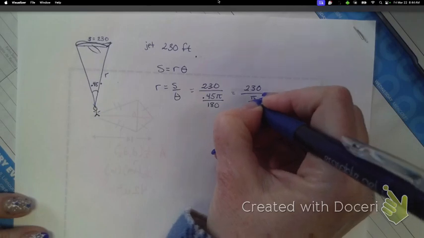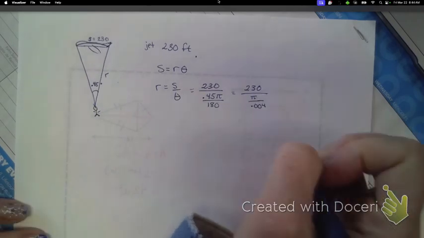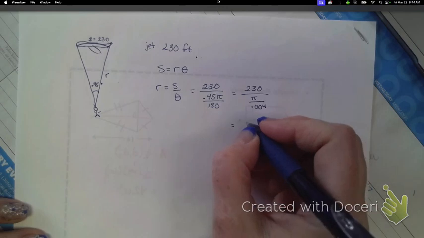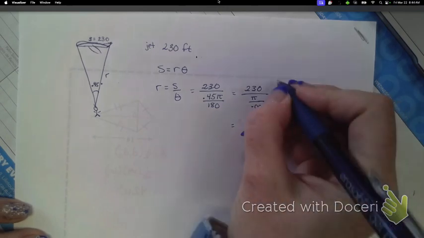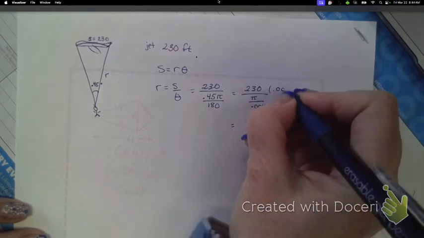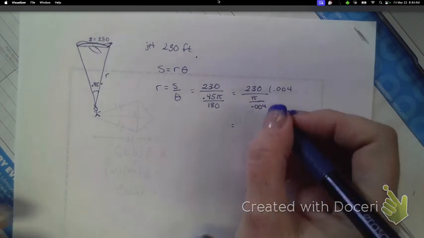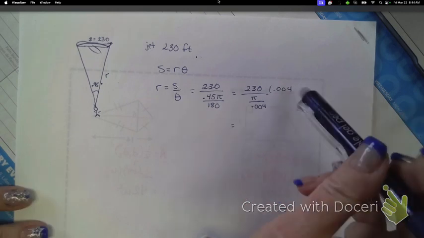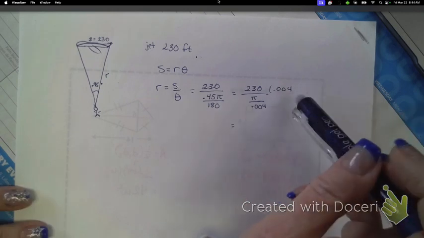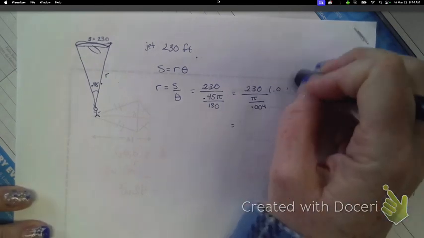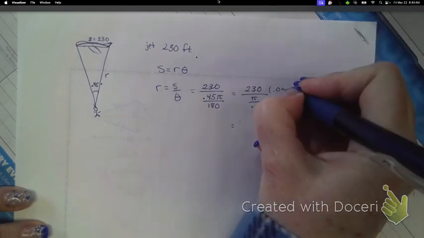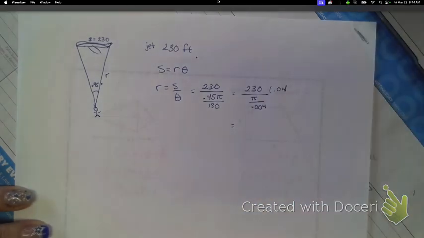So then I have to multiply by the reciprocal. So 0.004. I think I have one too many zeros. Two decimal places would just be point, wouldn't it? Let's check.